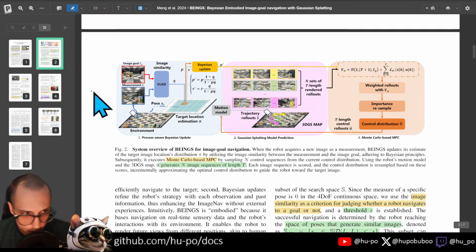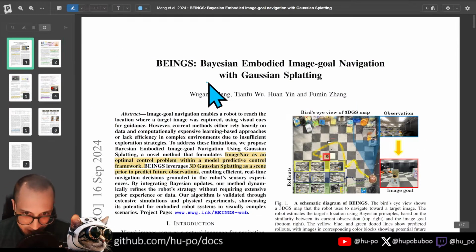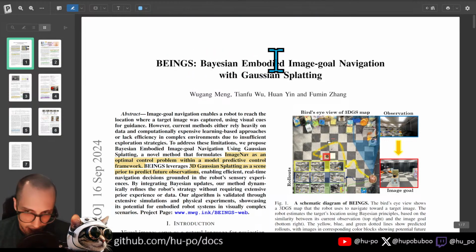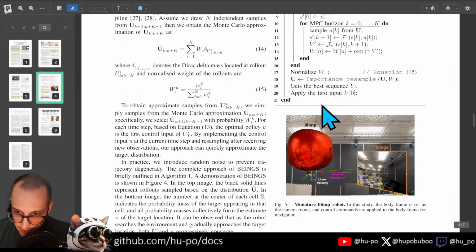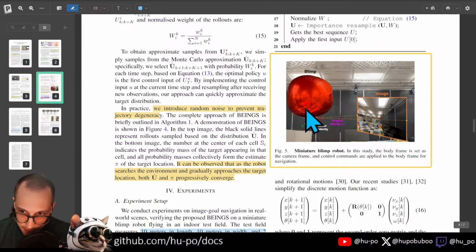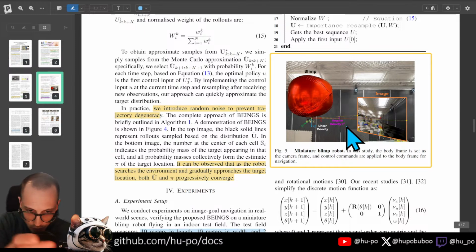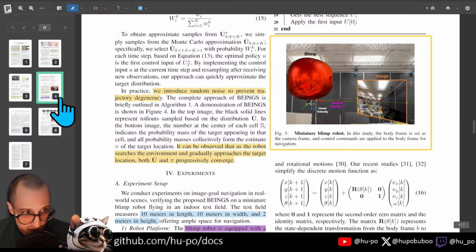Okay, so we're going to now sneak peek into this next robotics paper here. This one's called Bayesian Embodied Image Goal Navigation with Gaussian Splatting, where they basically have this little robot blimp. So here's the little robot blimp, right? It moves very slowly. You can kind of control the movement, and it's trying to get to different positions within this map, right?